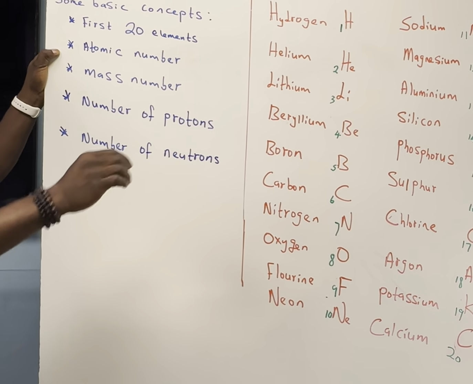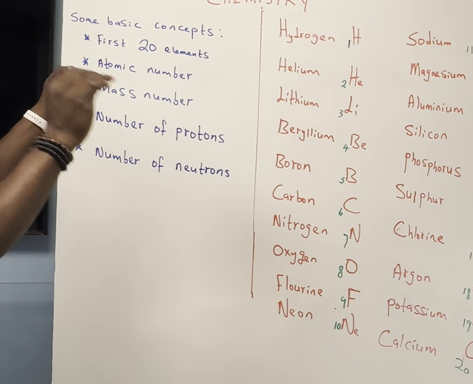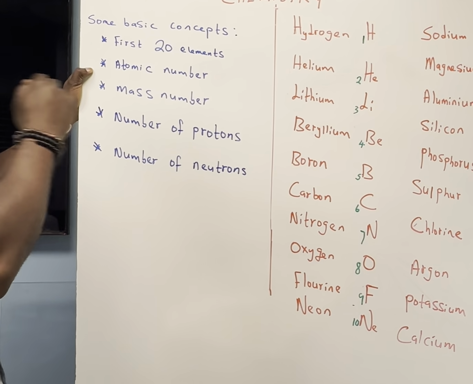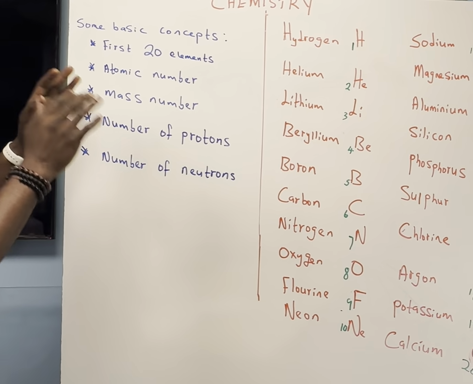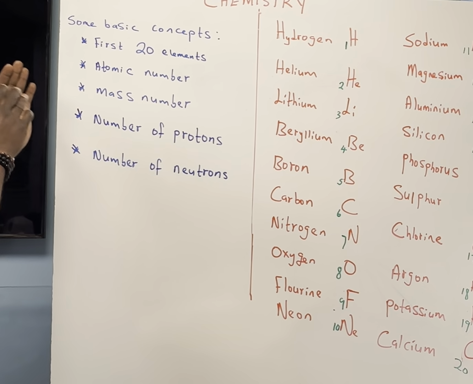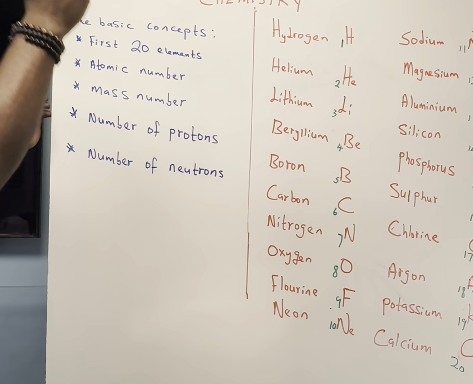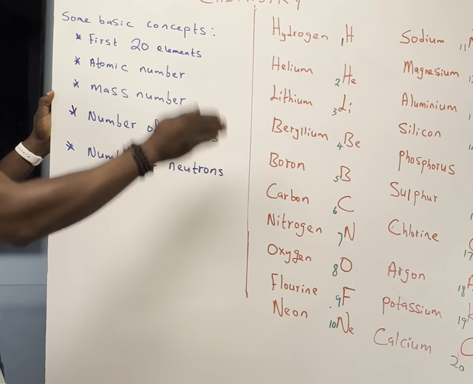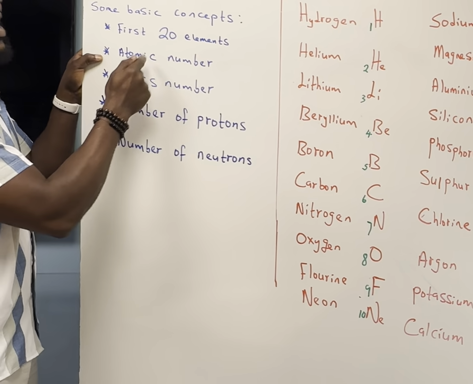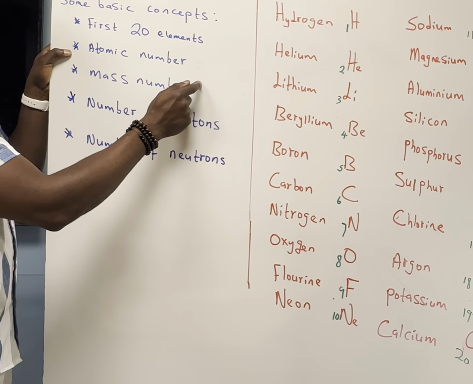So this is how you identify the atomic number of the first 20 elements, or 30 depending, but I'm just considering only the first 20. When you go through the periodic table, the serial number of that element in the periodic table signifies its atomic number.